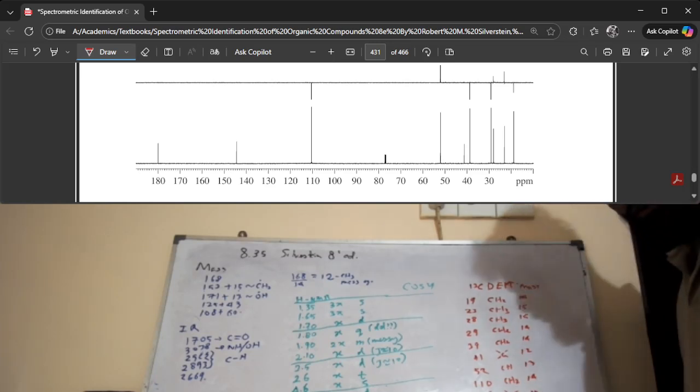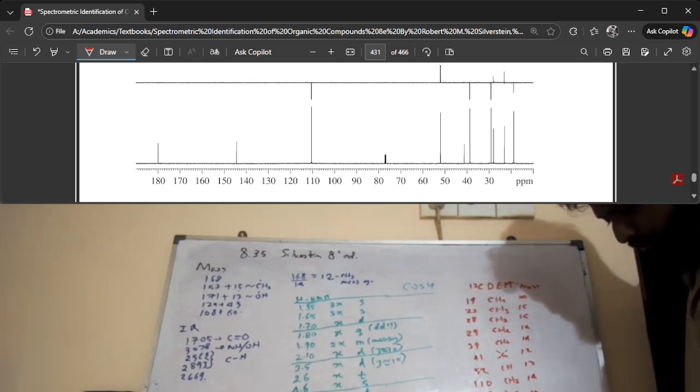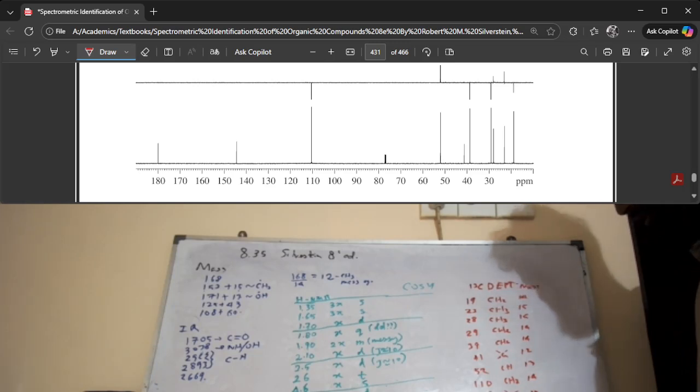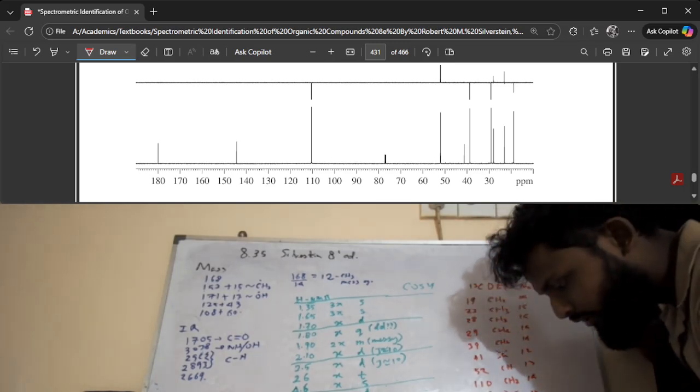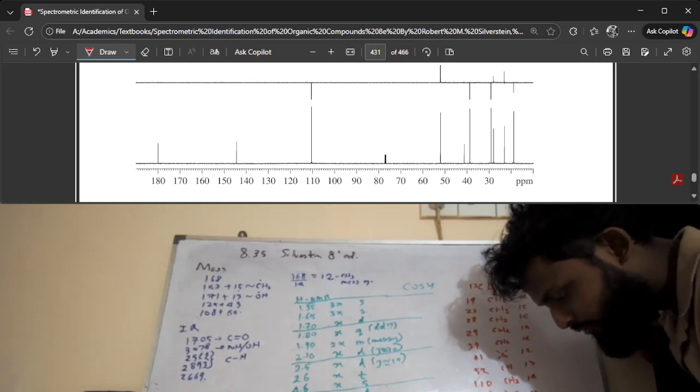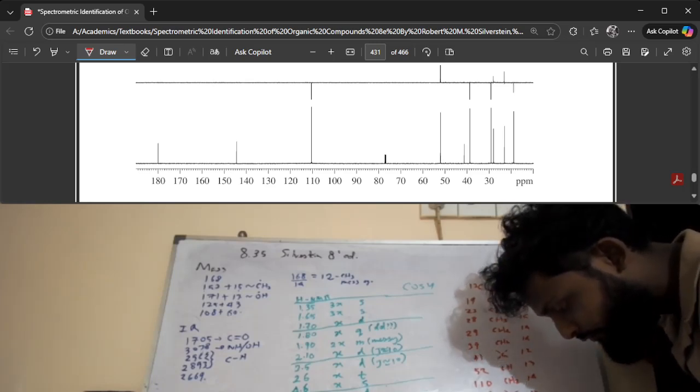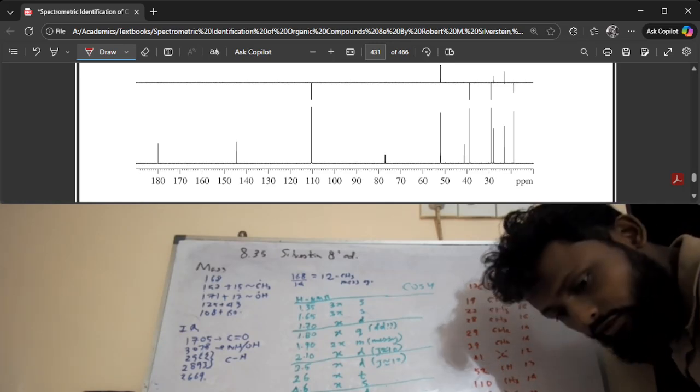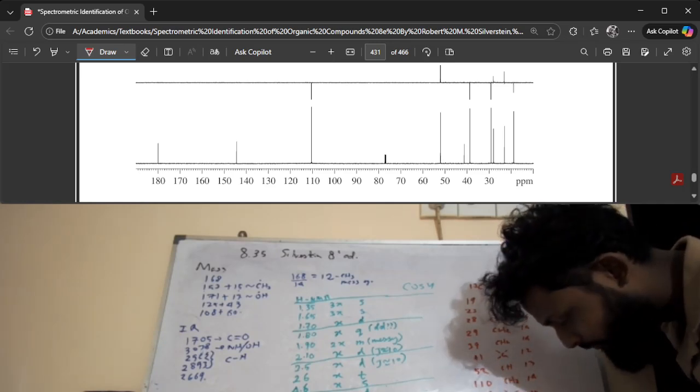You consider the total of that, it comes up to 135, right? So if you consider the difference between 168 and 135, you have 33.